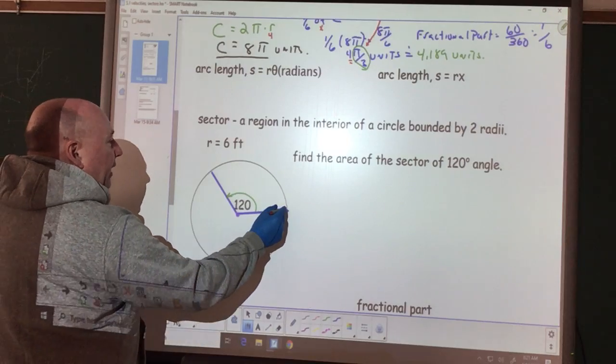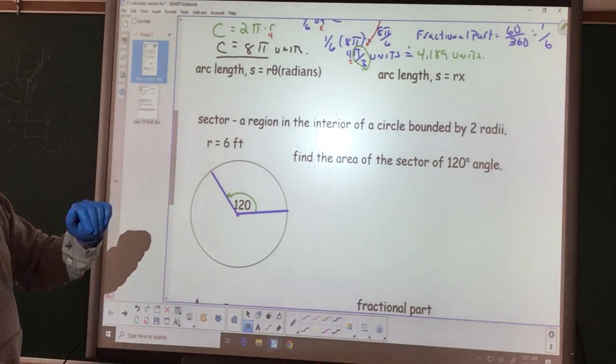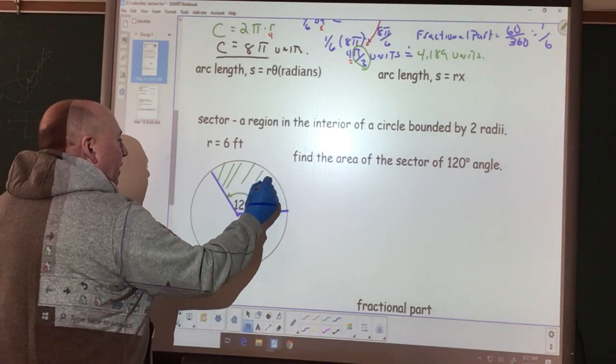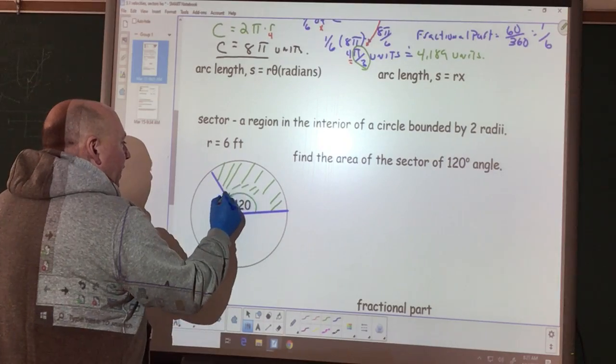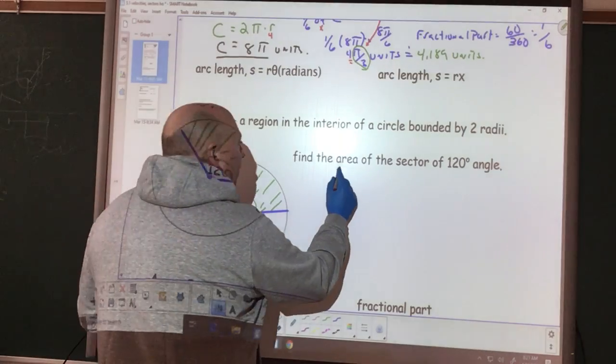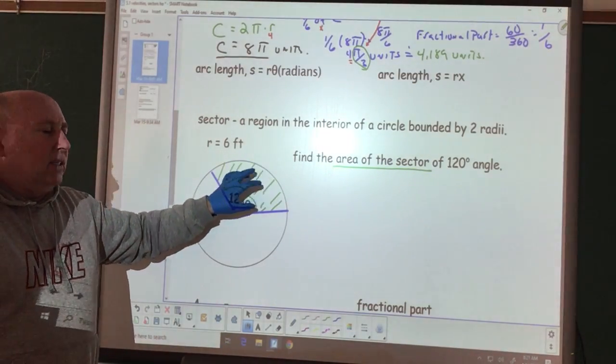Now the arc length is just the circumference portion of the circle. But when we talk about the sector, we're talking about calculating all this area right here. So we're looking for the area of the sector. So we're looking to find everything else inside here.